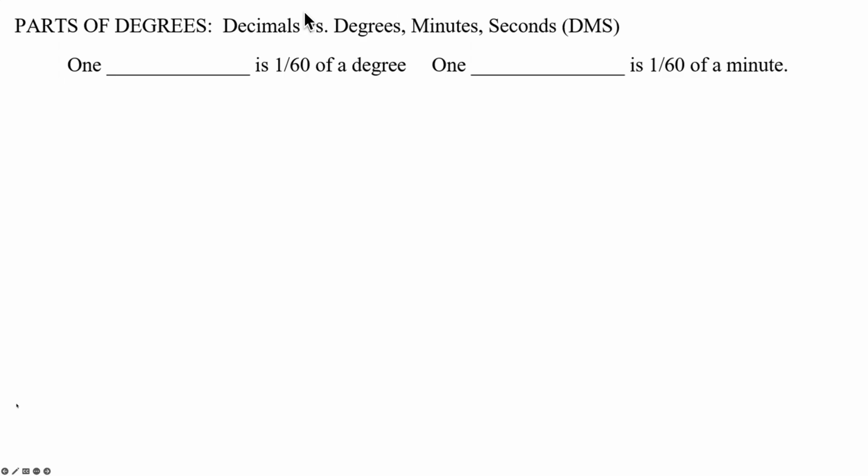So 1 minute is 1/60th of a degree. 1 minute, which is represented by the accent mark or apostrophe on your keyboard, is equal to 1/60 of a degree, or 60 minutes is equal to 1 degree. 1 second is 1/60th of a minute.